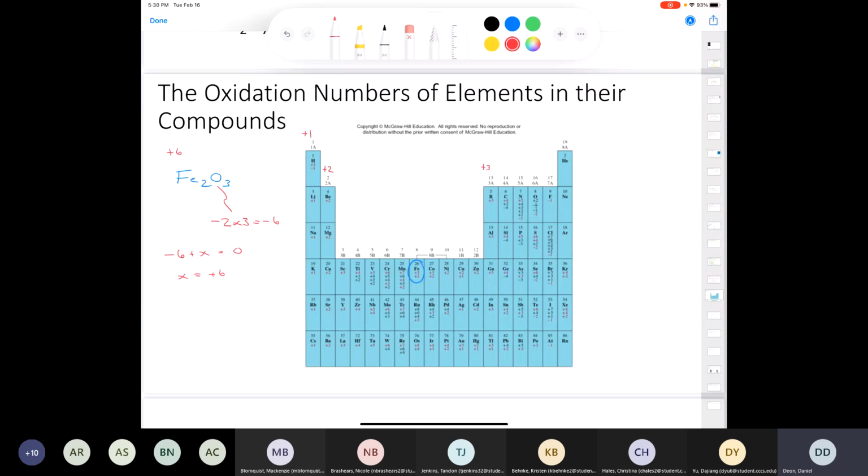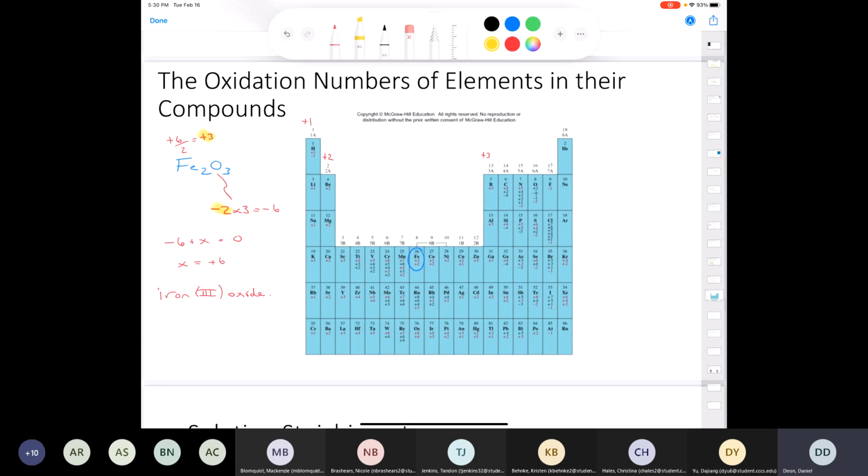I have +6 here, but there's 2 iron, so divided by 2, the iron is actually +3. So this is why this is called iron(III) oxide. I determined that the charge on the iron is +3, and I already know that the charge on my oxygen is -2. So there's always a way to determine oxidation number.